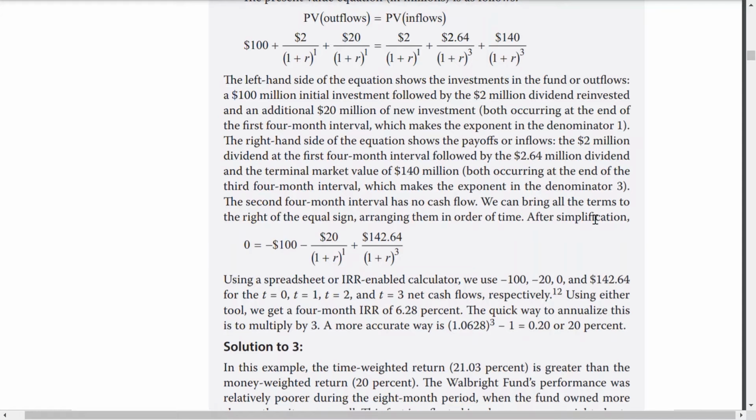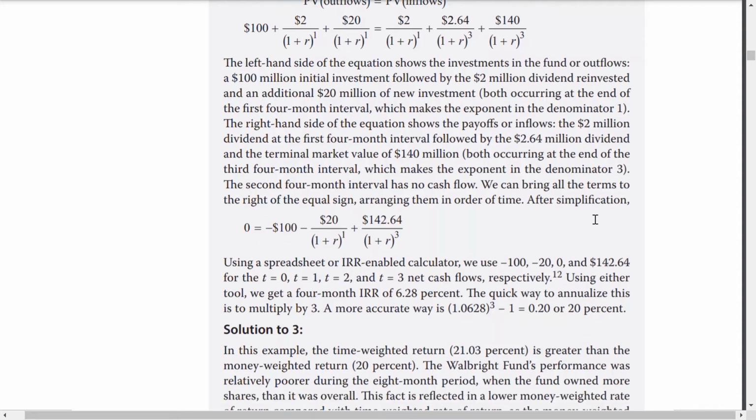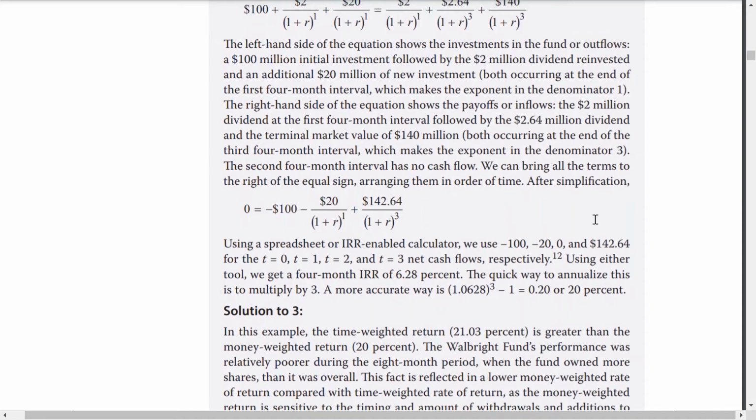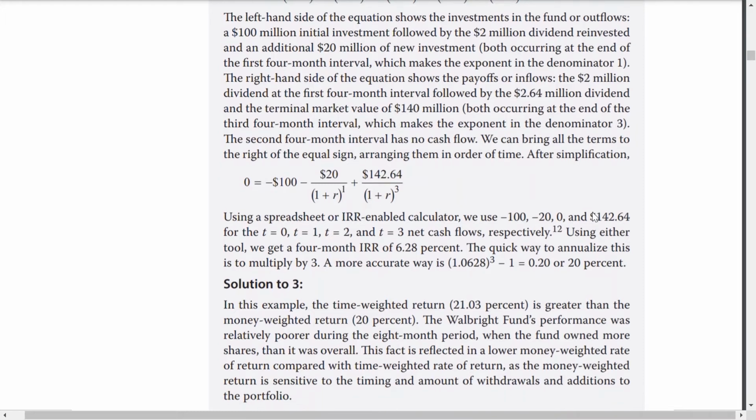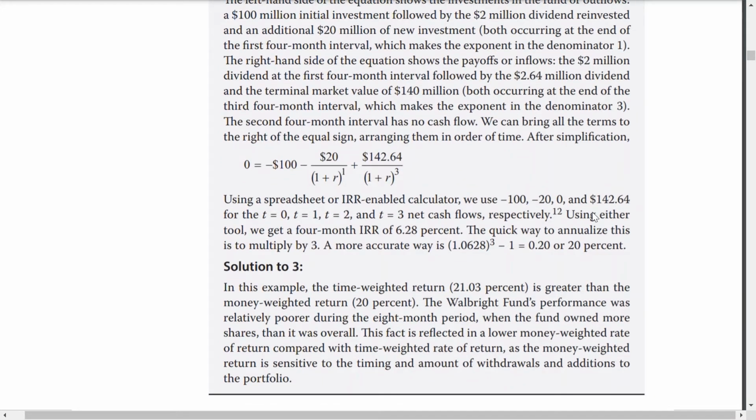The right-hand side of the equation shows the payoffs or inflows. The 2 million dividend of the first 4-month interval, followed by the 2.64 million dividend and the terminal market value of 140 million, both occurring at the end of the third 4-month interval, which makes the exponent in the denominator 3.